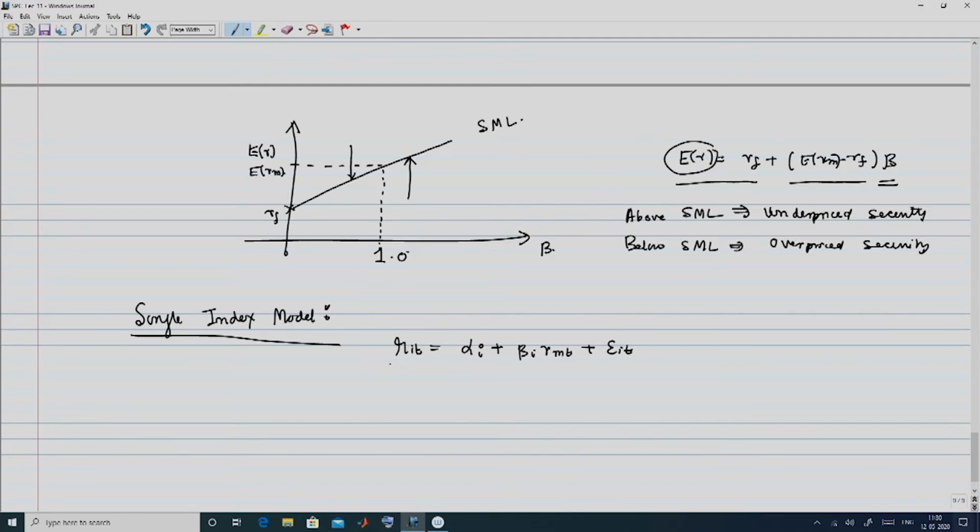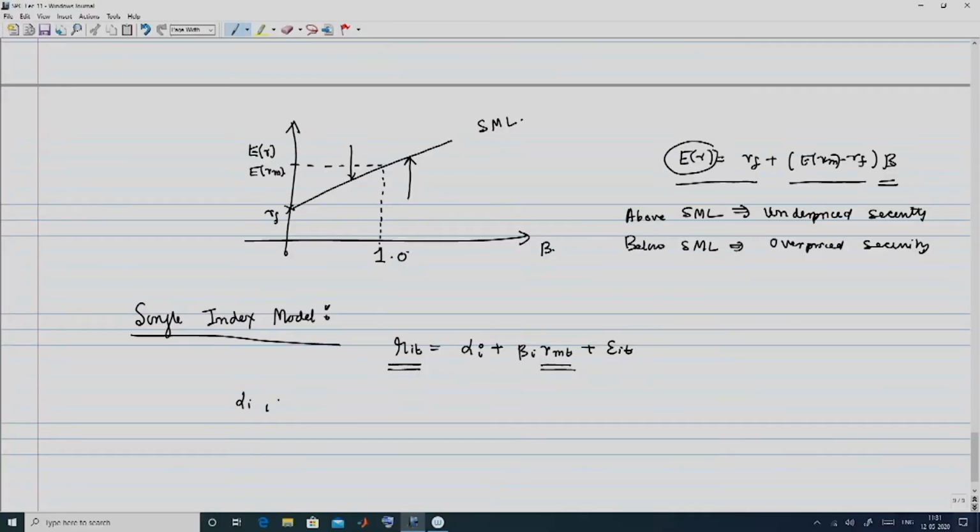Now, it is called a single index model because the return of the asset at time t is going to be modeled as a function of the return on the market at time t, which is equivalent to a market index. So, here the single index refers to the market index whose return will be denoted by RMT, and remember that this is a random variable.